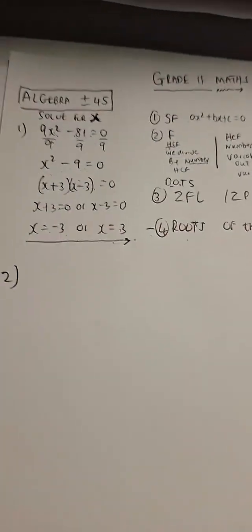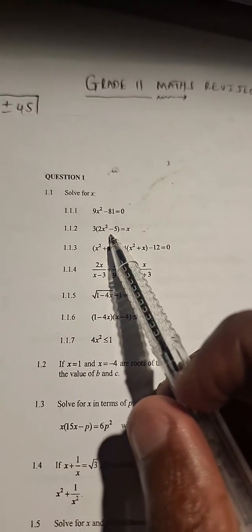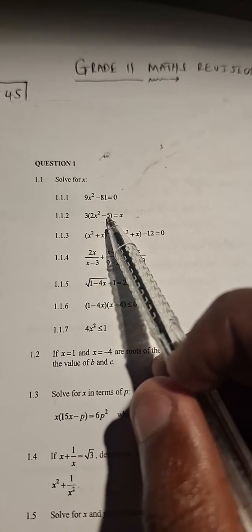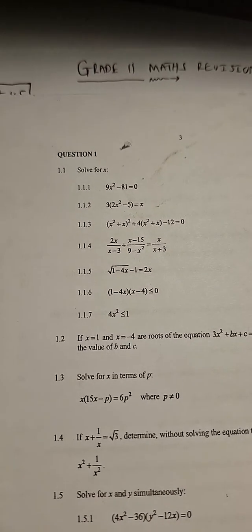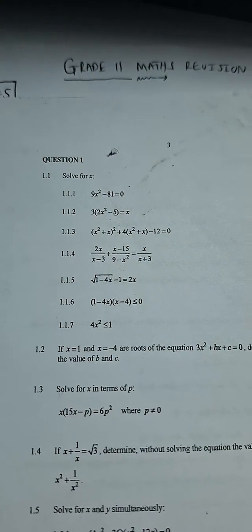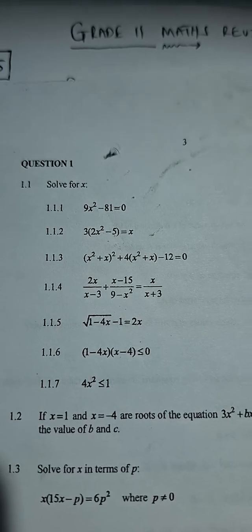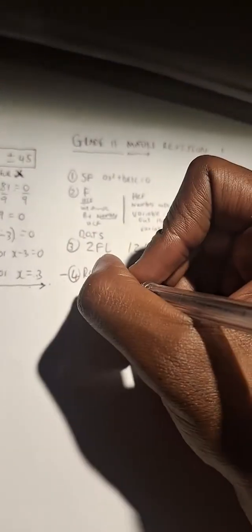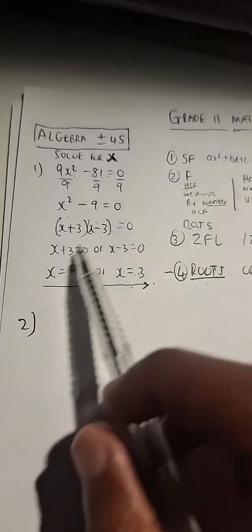Question number 2 in our paper is 3 into x squared minus 5 is equal to x. Or we can call them critical values, or one other thing. In functions, what do we call them? So these values of x, we call them roots as solutions of an algebraic equation.